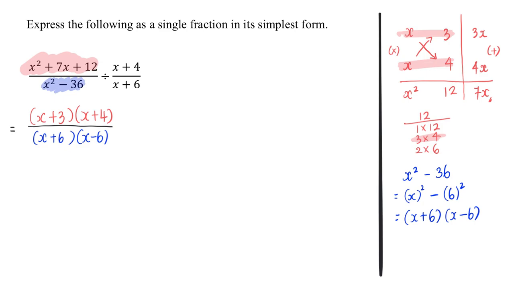And at this point, do take note, when we divide by a fraction, it is the same as multiplying by the reciprocal, meaning the x plus 6 will be at the numerator, x plus 4 will be at the denominator, and at this point, I would like to express them in brackets, because if I could see a factor that is the same between the numerator and the denominator, I could divide them off to give me 1 over 1, x plus 4 and x plus 4, numerator, denominator.